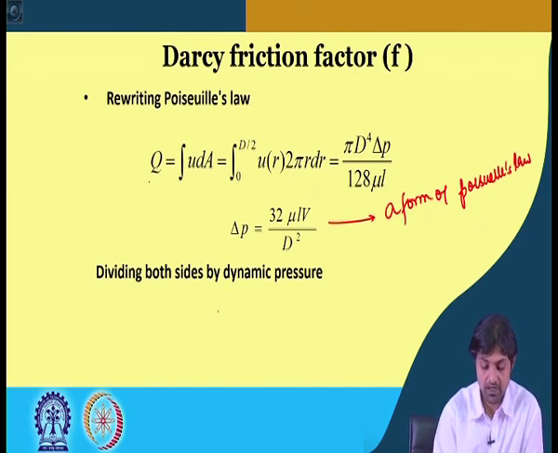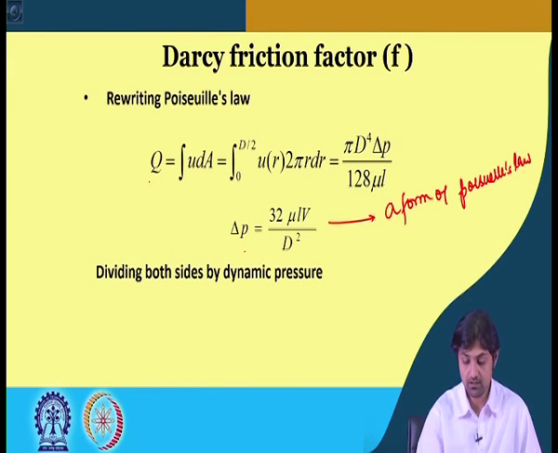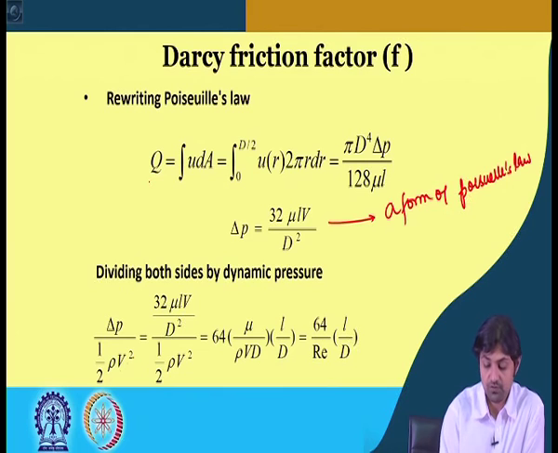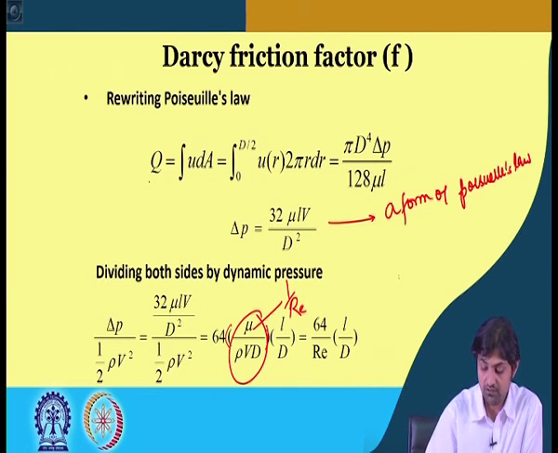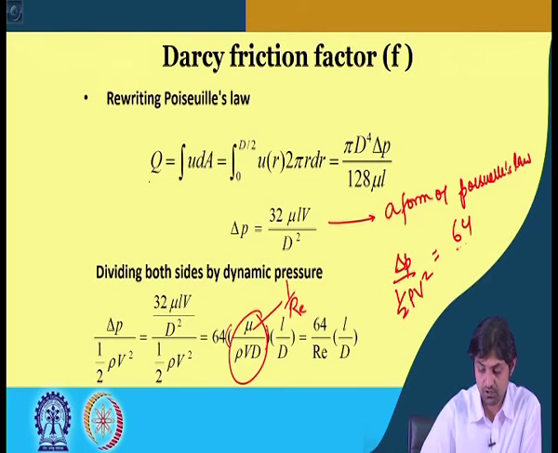If we divide both sides by dynamic pressure, half rho v square, delta p by half rho v square will be 32 mu L v by d square divided by half rho v square. So this half goes up and becomes 64, and we can take out mu by rho v d into L by d, and rho v d by mu is Re. So basically we can write delta p by half rho v square is equal to 64 by Re into L by d.